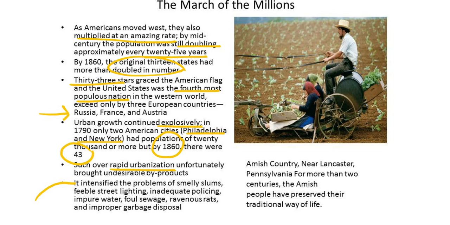It intensified the problems of smelly slums in the growing cities, feeble street lighting, inadequate policing, impure water, foul sewage, ravenous rats, and improper garbage disposal. All of these problems would eventually need to be tackled as the urban cities grew and developed.